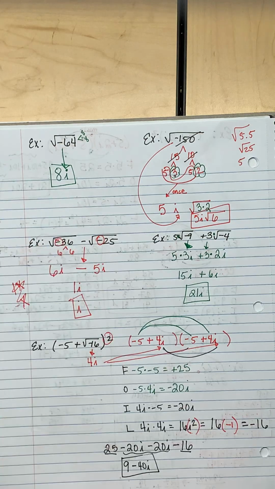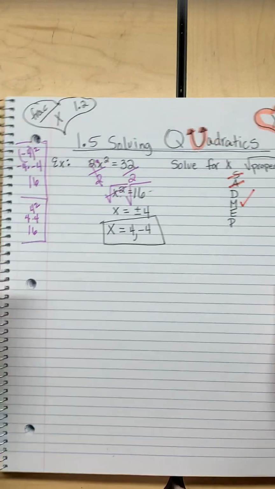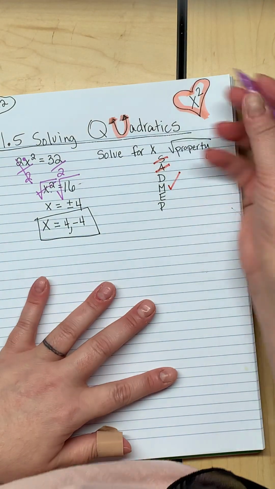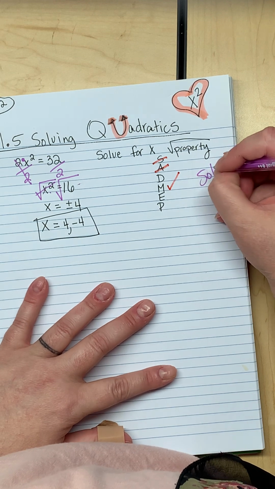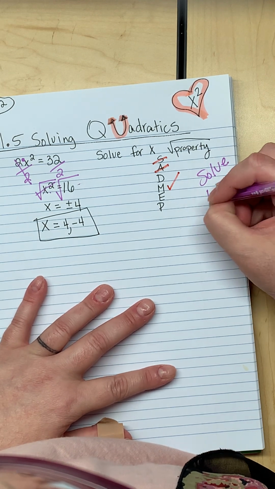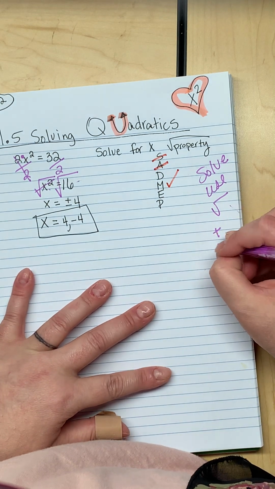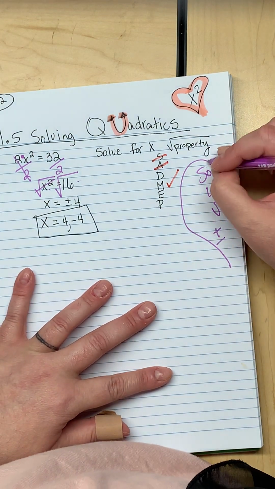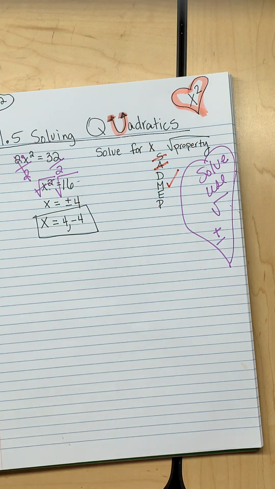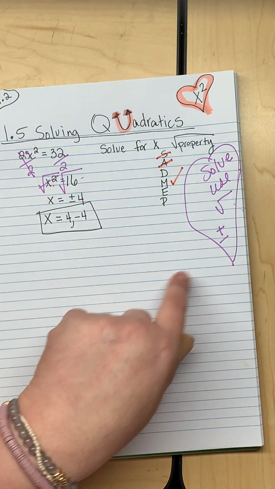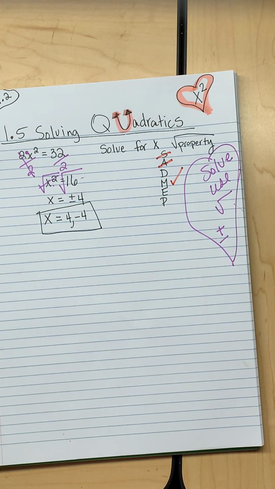It said simplify. For us, anytime it says the word solve and you use a square root, then your answer is always going to have a plus minus, or there's going to be two types of answers, and you get them from a plus minus that comes from the square root.